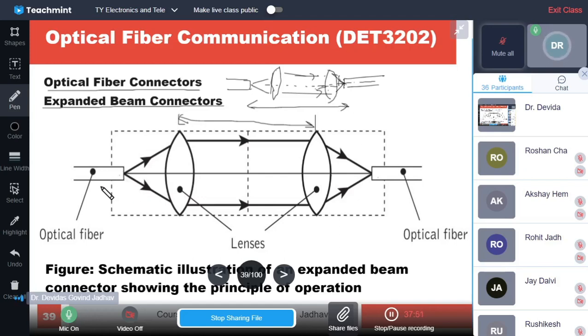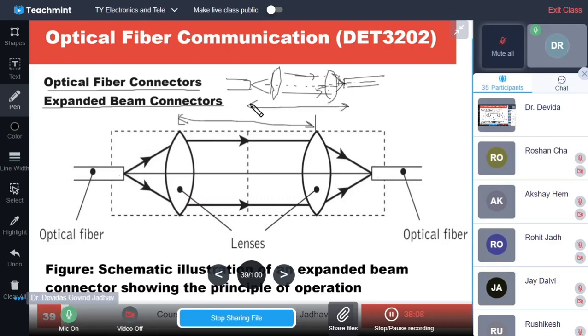Fibers may be 10, 20, or 100 micrometers, but the lens may be a few millimeters or hundreds of micrometers, so it can cover all the radiation and collect it, so there will not be any loss.